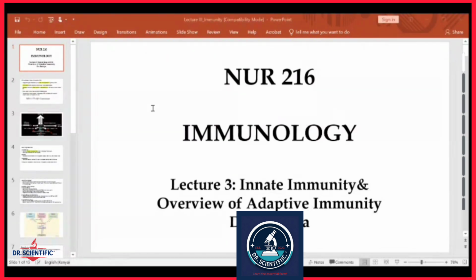And we saw that the innate immune system recognizes what is present on the invaders, what we refer to as pathogen-associated molecular patterns, and that the innate immune system cells have what we call pattern recognition receptors. So they recognize these foreign agents, and then they're able to find ways of preventing them.